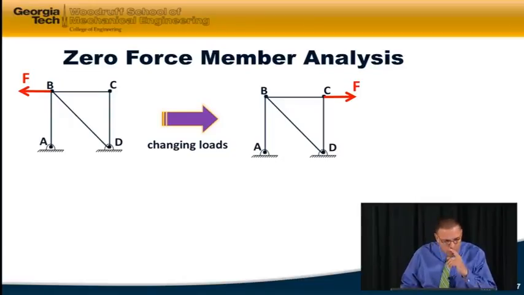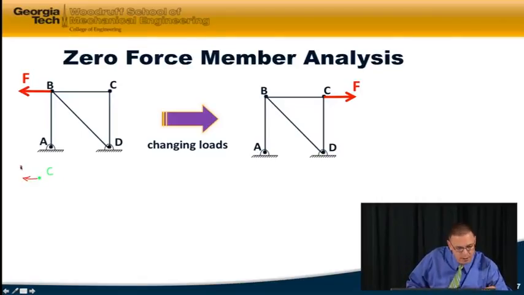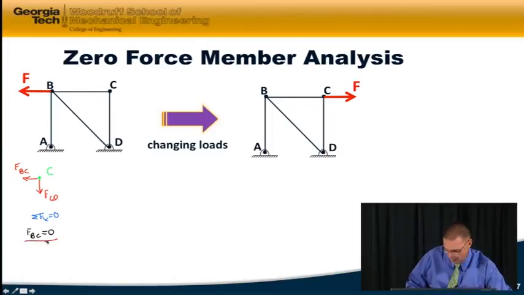Okay, let's go ahead and look at joint C on this left structure. And I'm going to go ahead and assume the forces in the members are in tension. And you can see very quickly that summing forces in the x direction gives me FBC equals 0, and summing forces in the y direction gives me FCD equals 0.